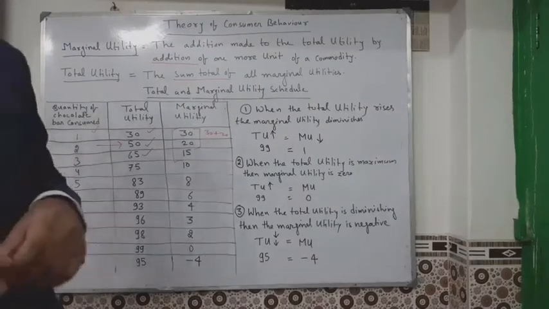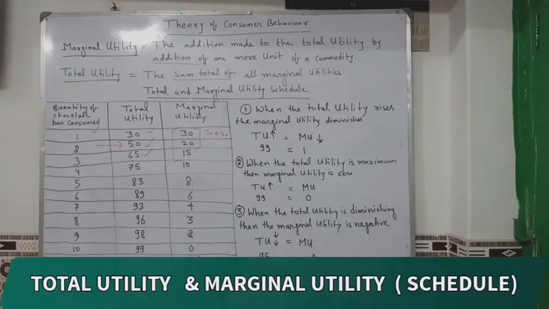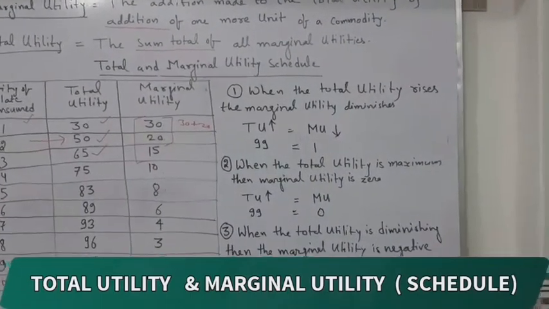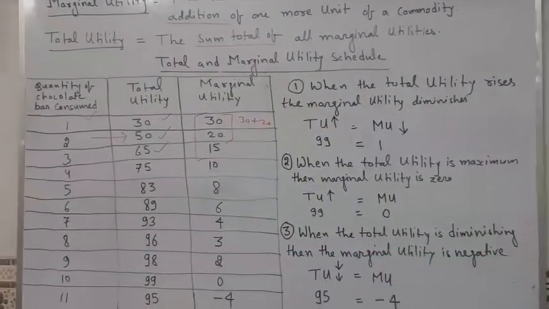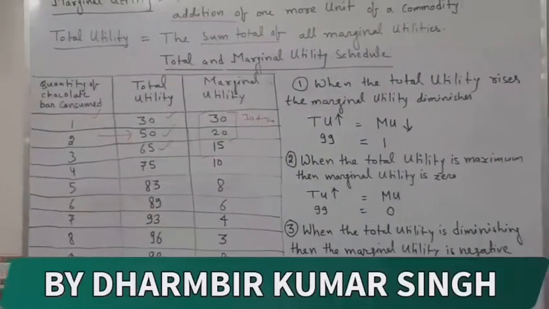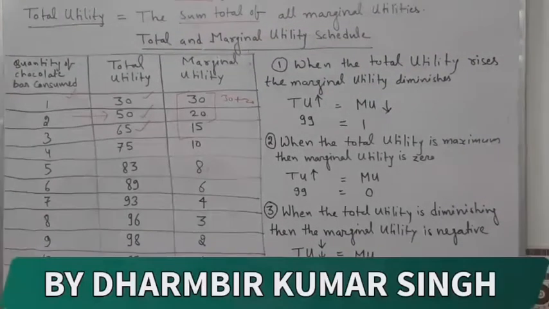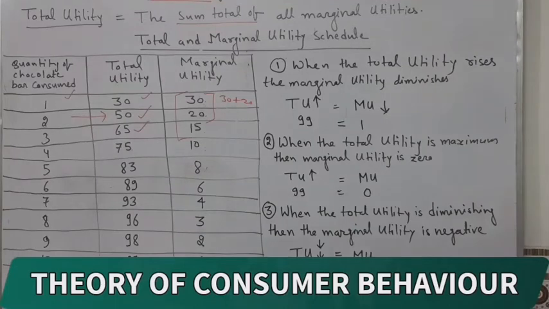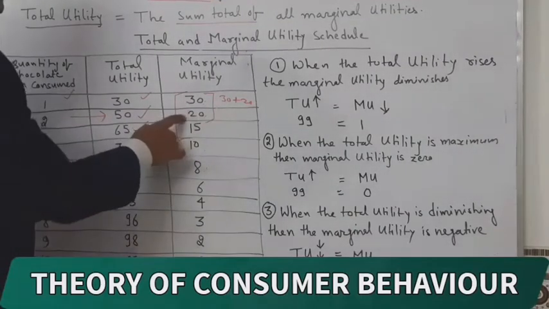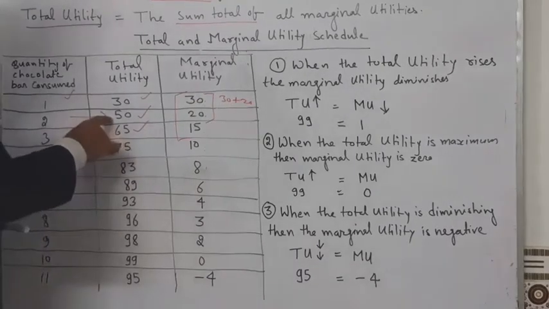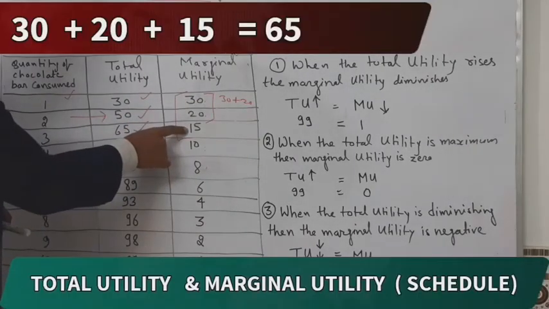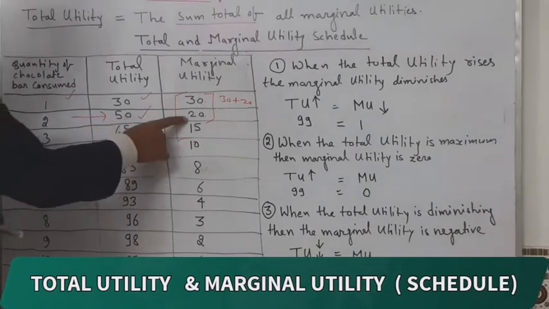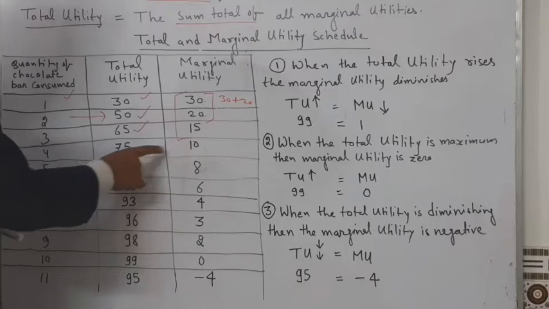Try to see it. 30 plus 20 is equal to 50. 30, 20 and 15 is equal to 65. 30 plus 20 plus 15 plus 10 is 75.